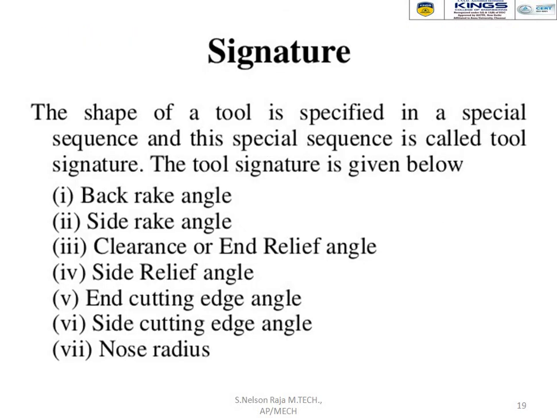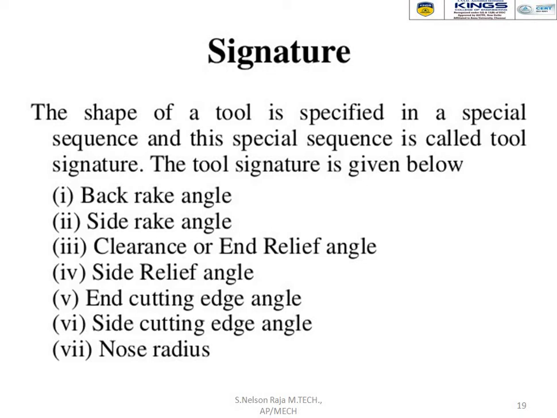Now the signature of a single point cutting tool. The shape of the tool is specified in a special sequence, and this special sequence is called the tool signature. The tool signature is given below.